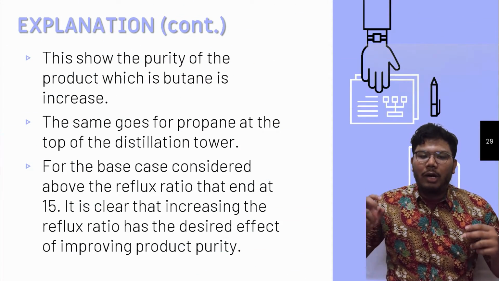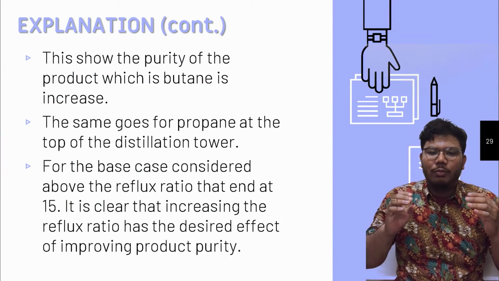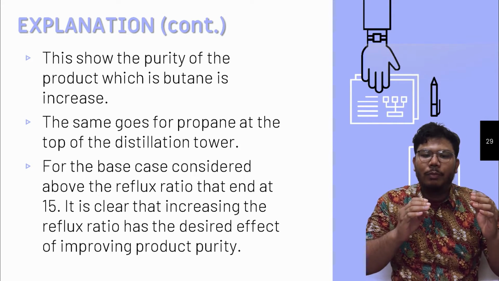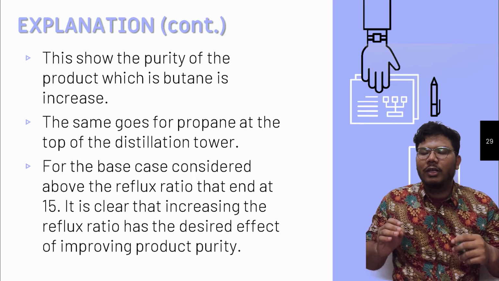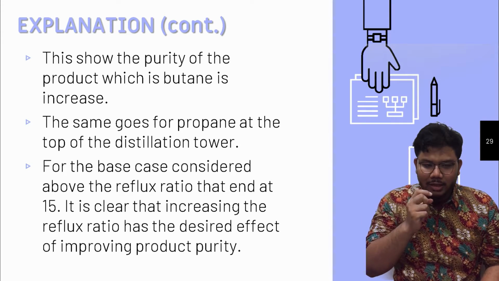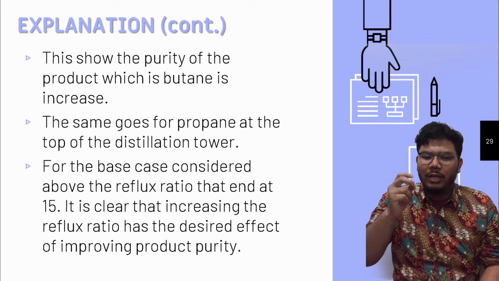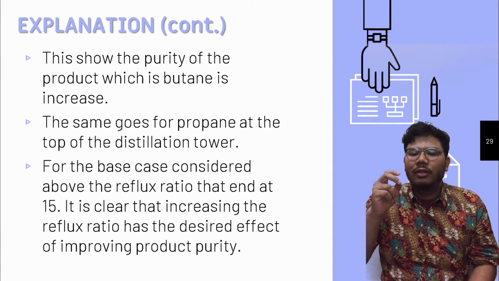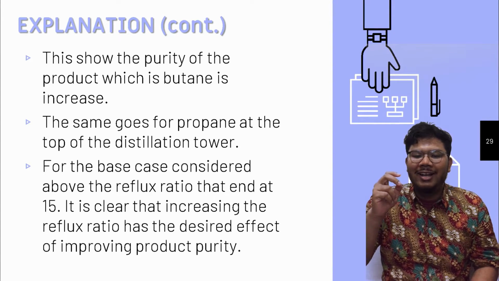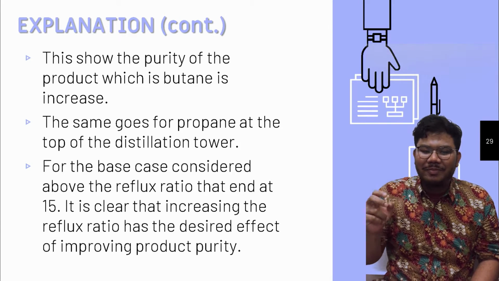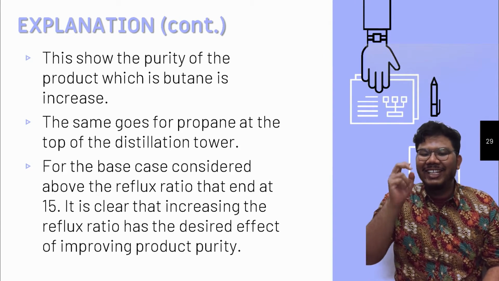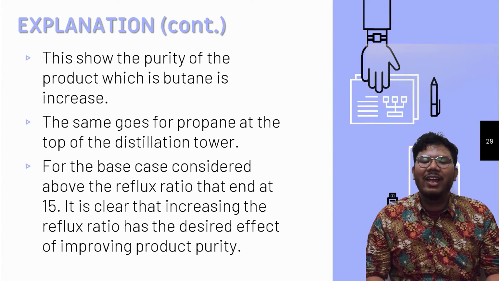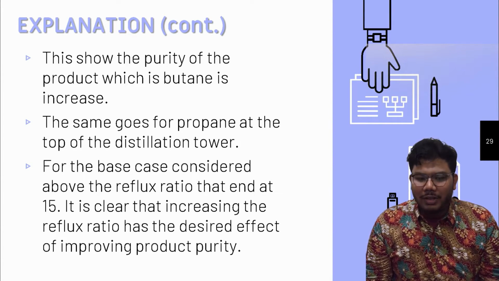This shows the purity of the product, which is butane, is increased. The same goes for propane at the top of the distillation tower. For the base case considered, up to the reflux ratio that ends at 15, it is clear that increasing the reflux ratio has the desired effect of improving product purity.